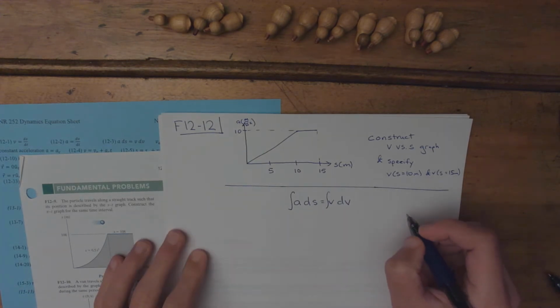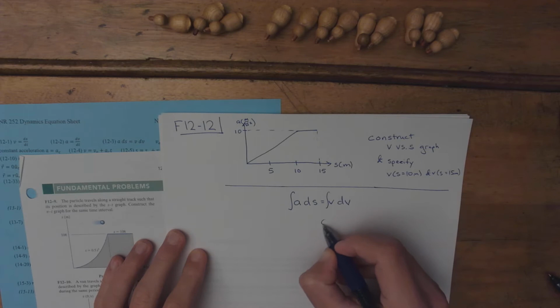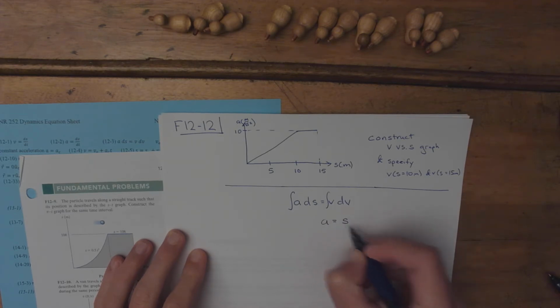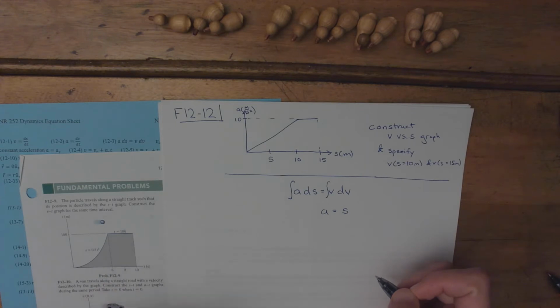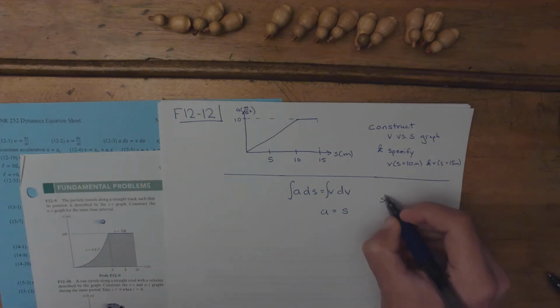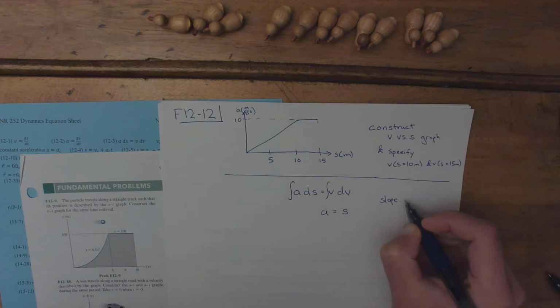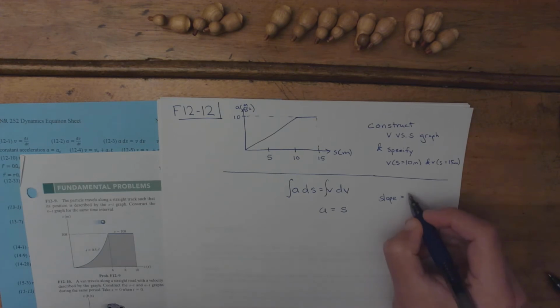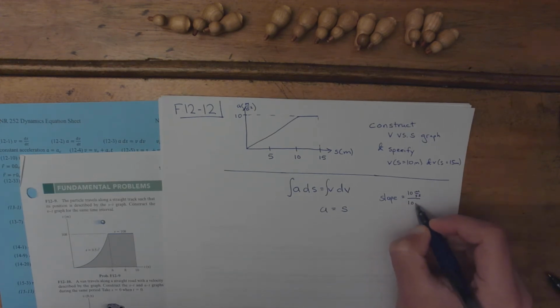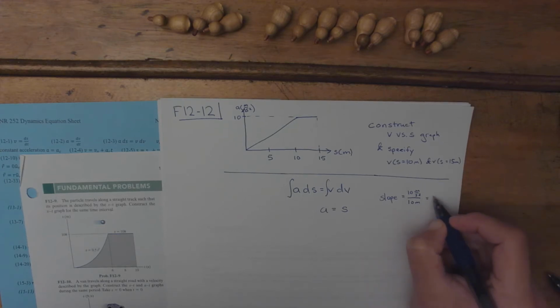So I can say the acceleration is equal to the position, but it looks kind of funny that way because the position does have units and the acceleration does have units. If you wanted to find the slope doing the rise over the run, you would have 10 meters per second squared divided by 10 meters for the run, which would be 1.